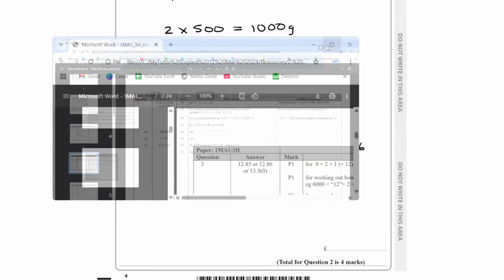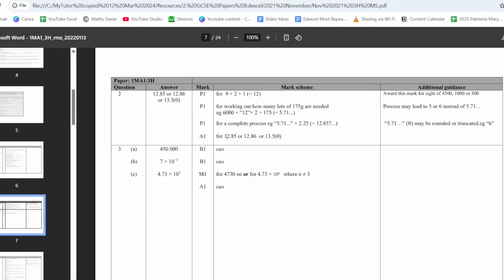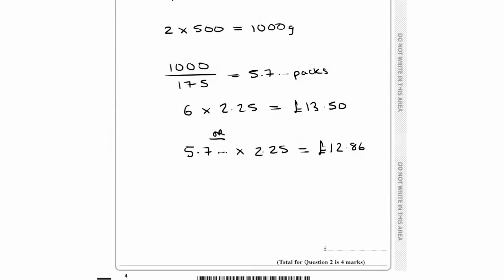I'll show you the mark scheme, look. Do you see here? That's all they've said. If you look over here, there's nothing else either. So I guess you'd have to round it. I don't know, because it's not wrong really, is it? I'm not sure. I was expecting that you would know to round it to 2 decimal places because of the context, but I don't know how fussy they are.